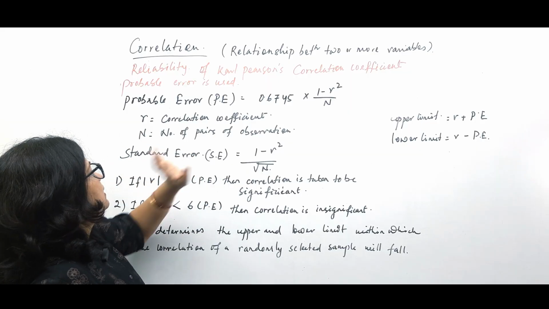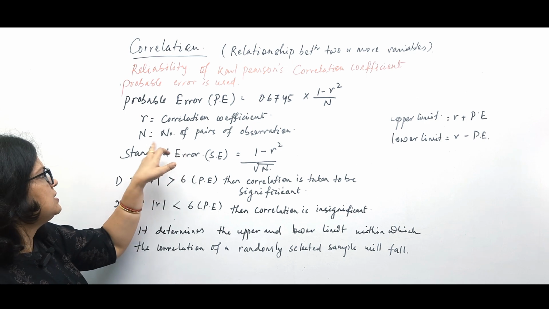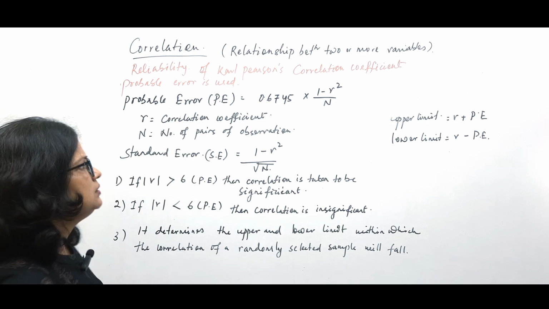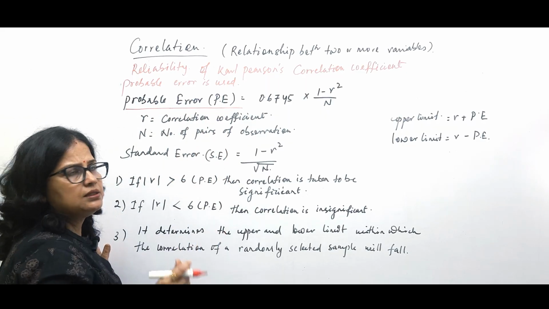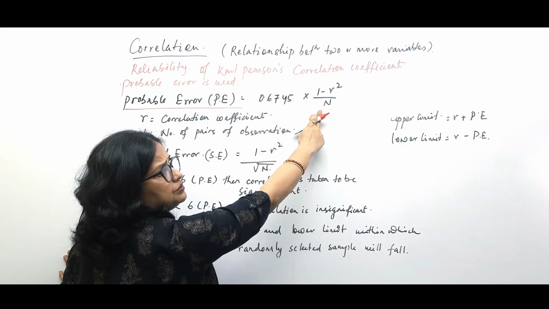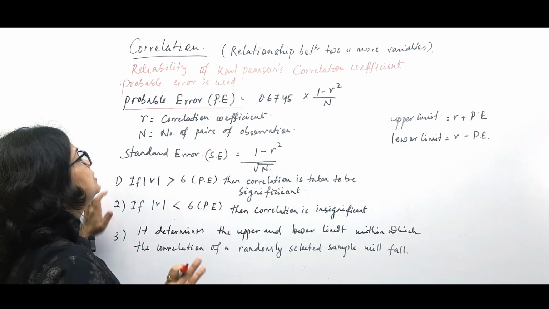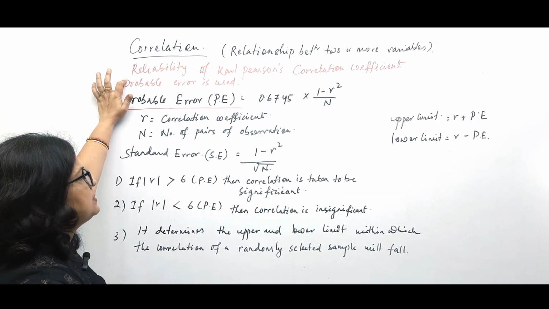If the question asks to find the probable error, we can use this formula, and the probable error is used to find the reliability of the variables.